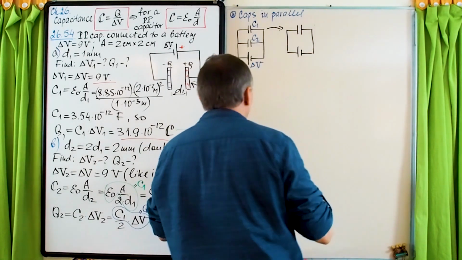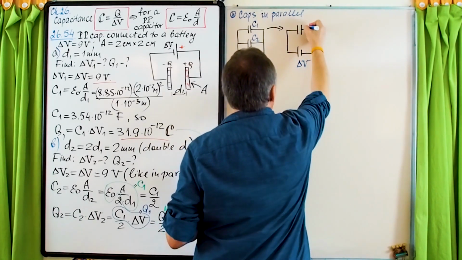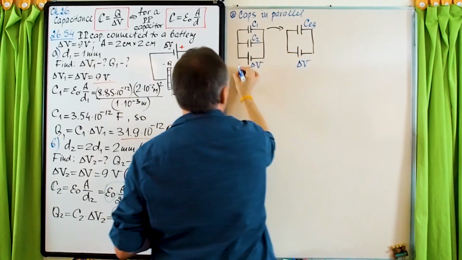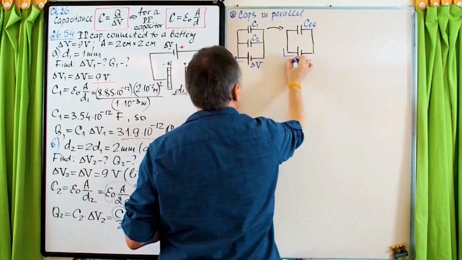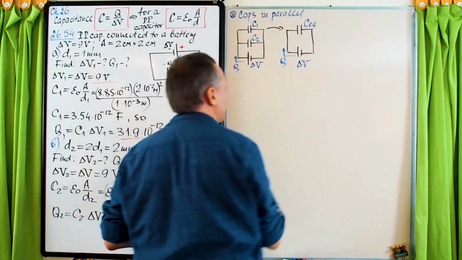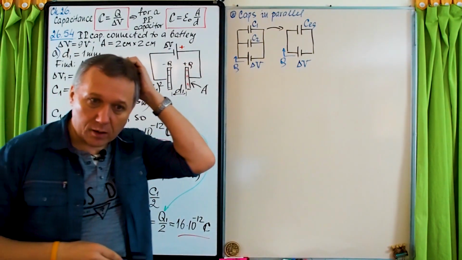So this is delta V, the same, and now this is C equivalent. And if charge Q is taken from the battery, exactly the same charge must be taken from the battery in that case.